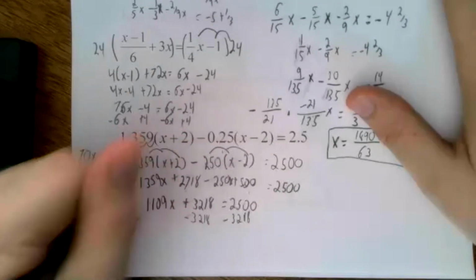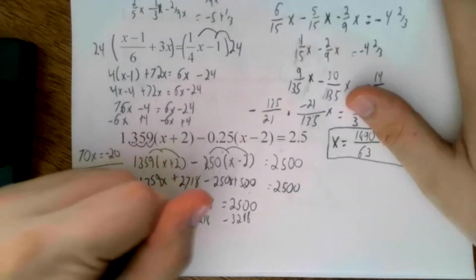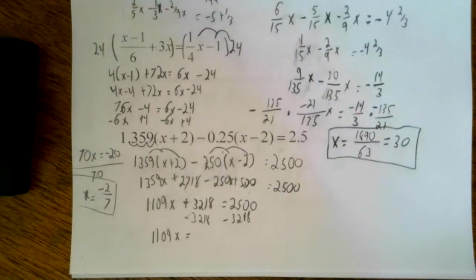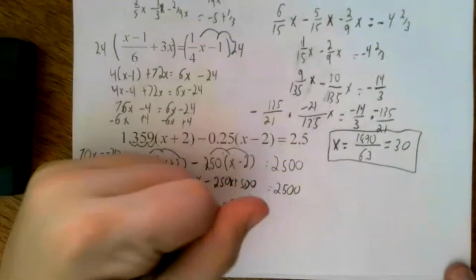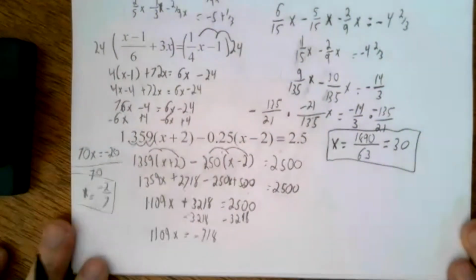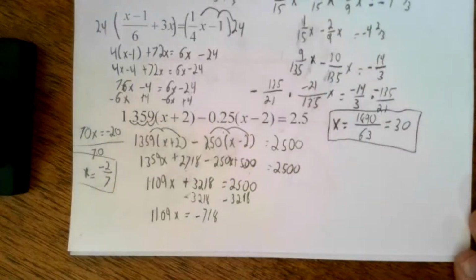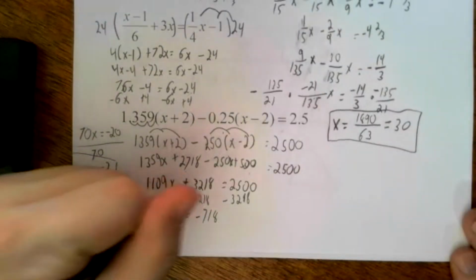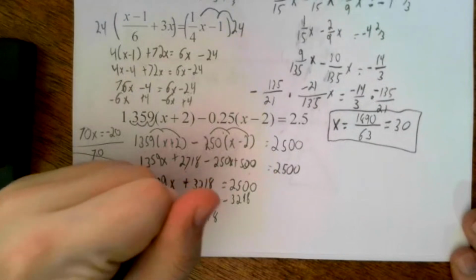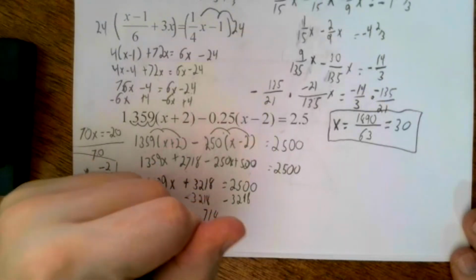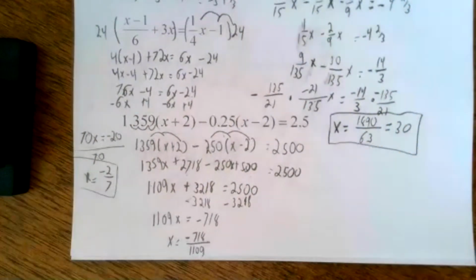On the left side, I end up with 1,109x, and that's equal to 2,500 minus 3,218. We get negative 718. Okay. And then now I can just divide both sides by 1,109. So I get x equals negative 718 divided by 1,109. Right? So that could just be a fraction.